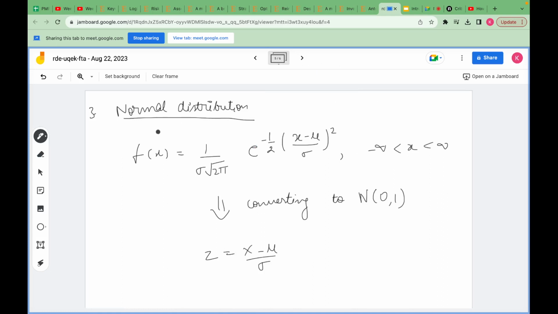Then the last is the normal distribution, where the probability density function is given by this formula.